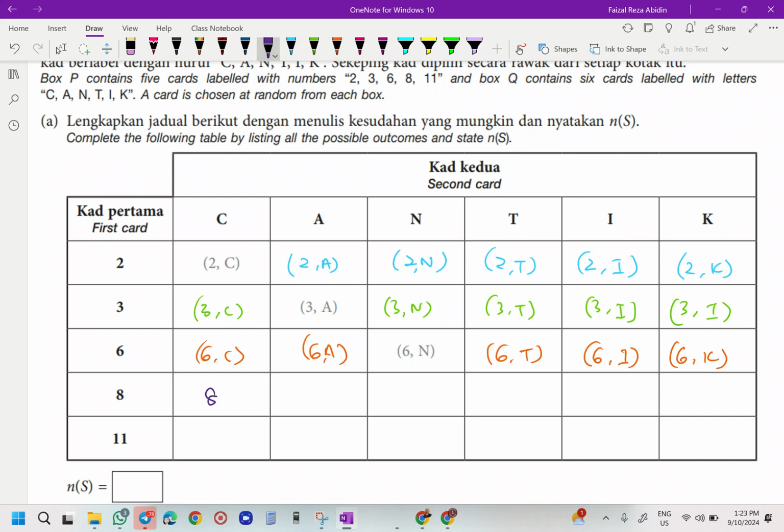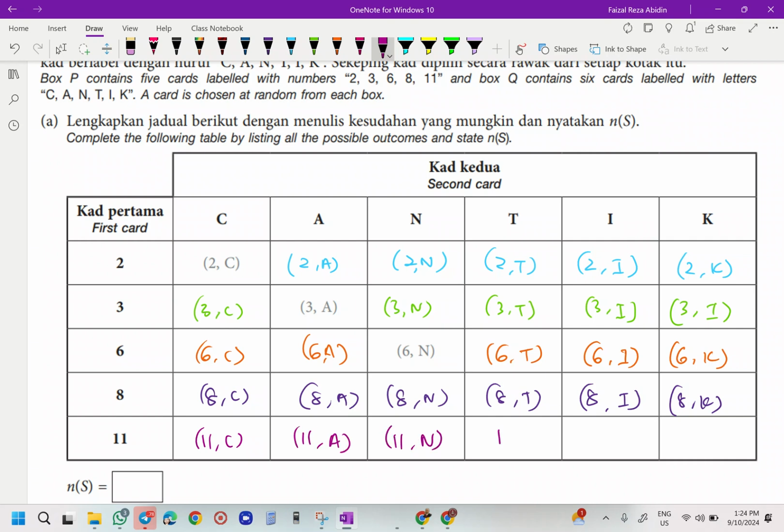Then 8C, 8A, 8N, 8T, 8I, 8K. Last but not least, you're going to get 11C, 11A, 11N, 11T, 11I, and 11K.